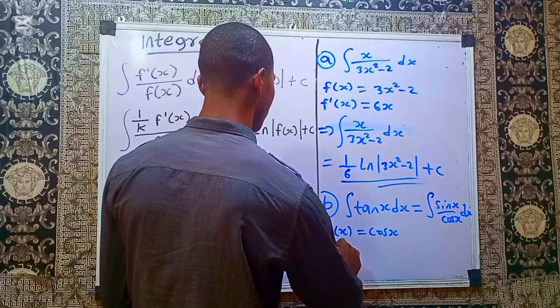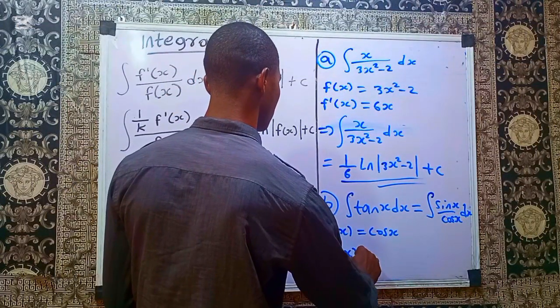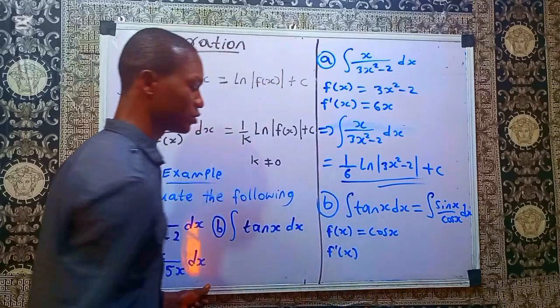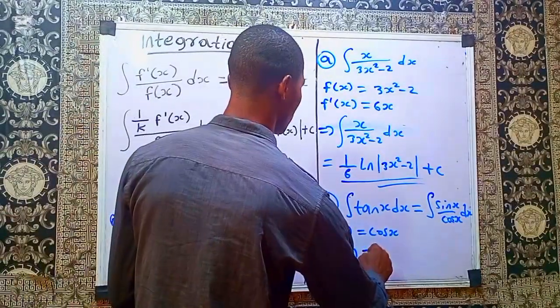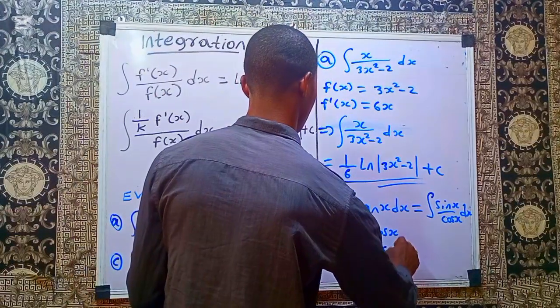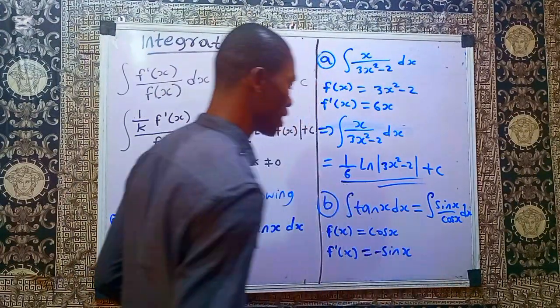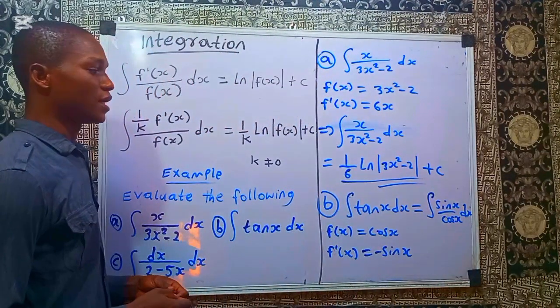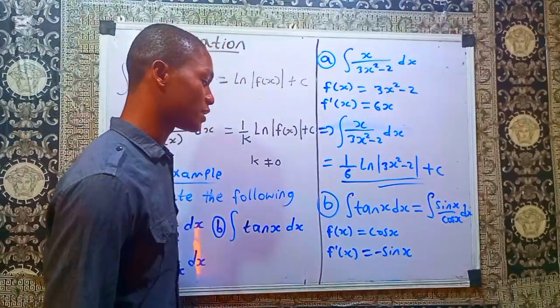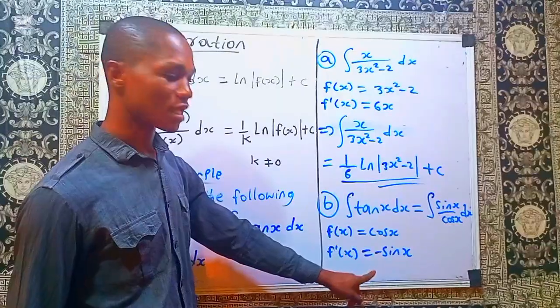Then we differentiate to find f prime of x. If you differentiate cos x, you get negative sin x. Then what we have at the numerator is sin x, not negative sin x. So guess what that constant is?